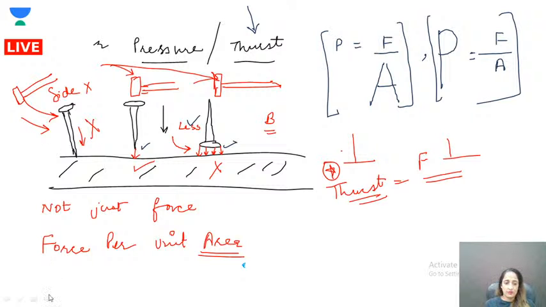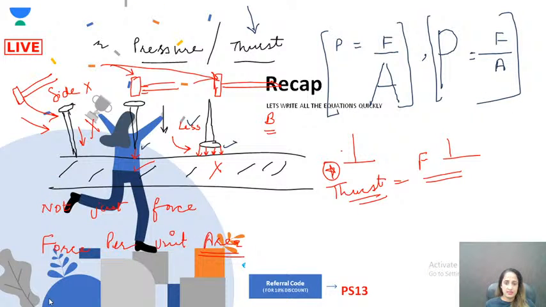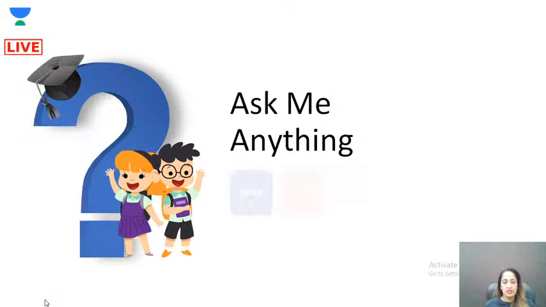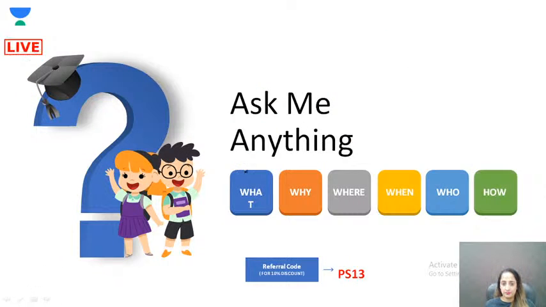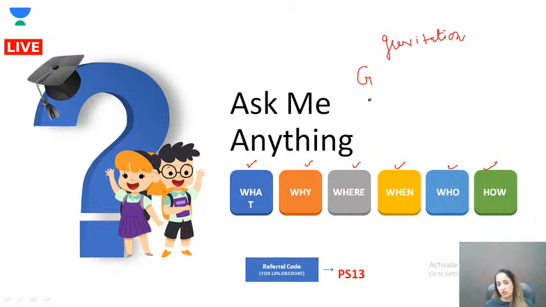So today, with this, I will end this session. You can ask me anything: what, why, where, when, who, how, right? Related to this chapter, gravitation, where we started with discussing G, which is the universal gravitational constant. Then we talked about g, which is acceleration due to gravity.